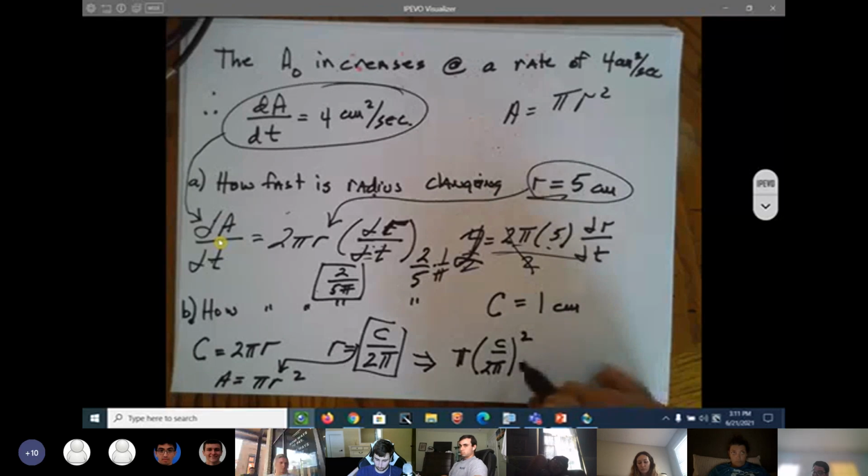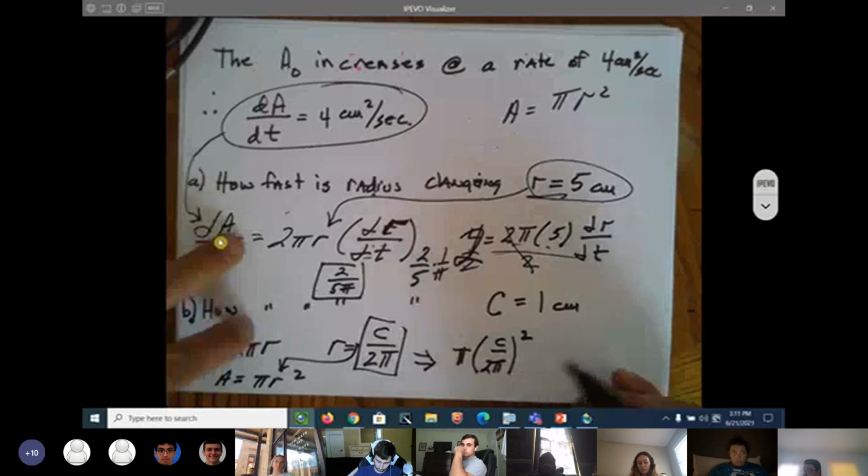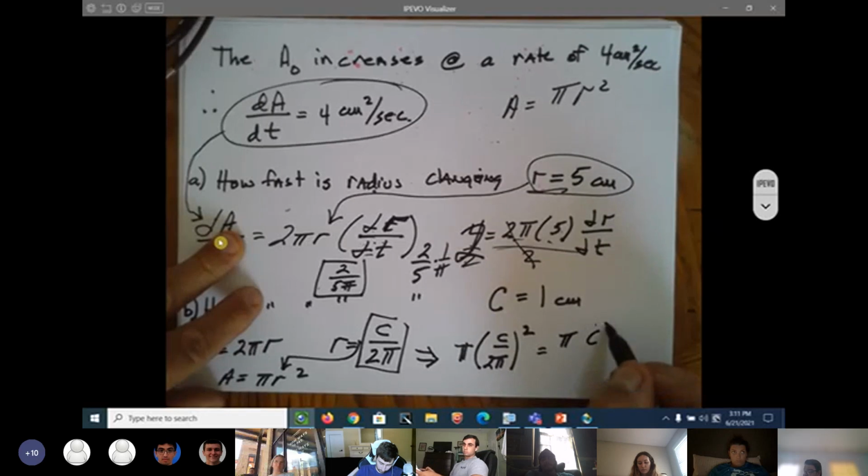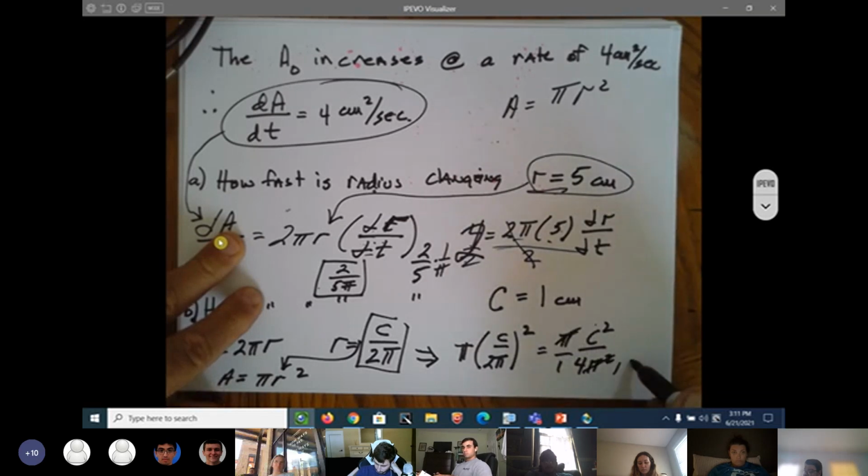And that would be c squared over 4 pi squared. So that's going to be pi times c squared over 4 pi squared. And that'll take one of your squares out and leave pi.